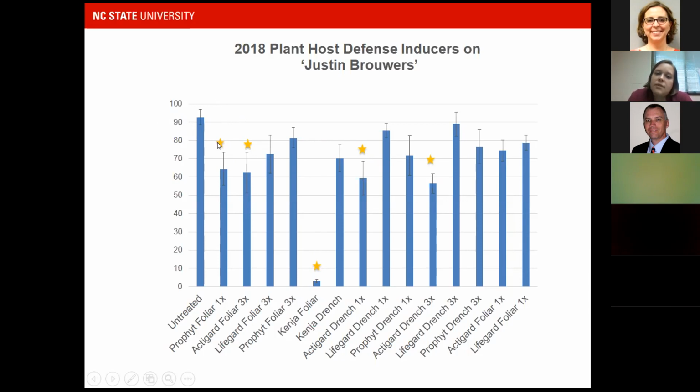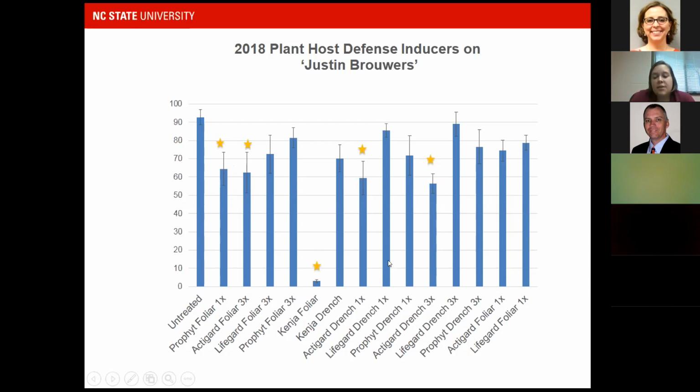So some things that were interesting to us is that the Actigard foliar spray, followed by Actigard as a drench treatment, and the drench was surprising. So we are interested to look into Actigard more to see if it still had quite a bit of disease, as you can see here, percentage-wise, but still, because there were differences, it's something we want to investigate further.